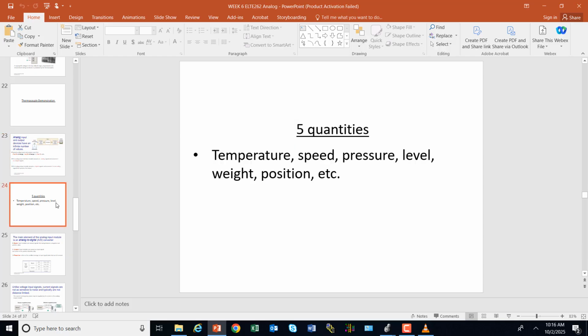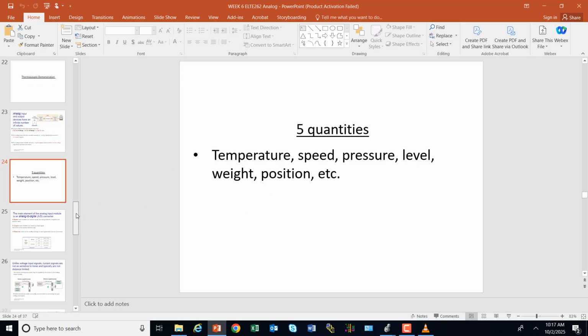So quantities, for example, that you might want to measure that are analog, that would have potentially infinite states, are temperature, speed, pressure, level, weight, position, things like that, because temperature can be 20 degrees or 21 degrees or 22 degrees, or depending on the resolution, it could be 22.5 degrees or 22.5687 degrees.